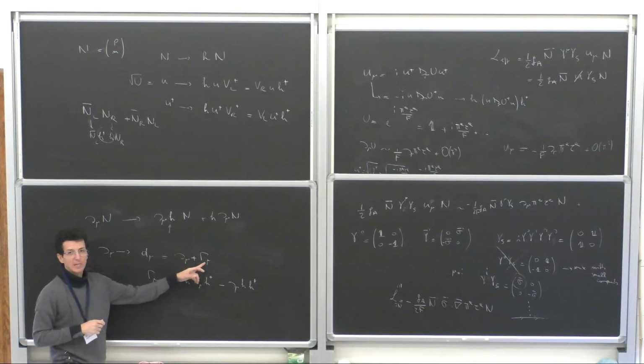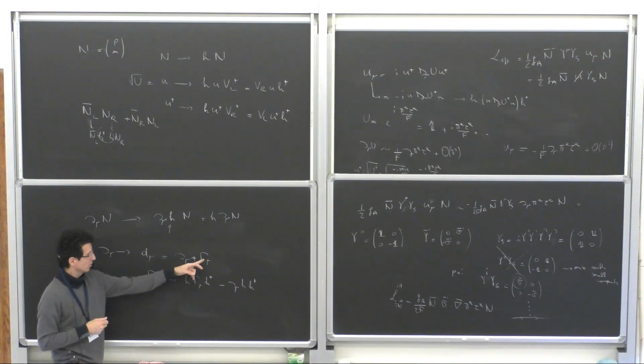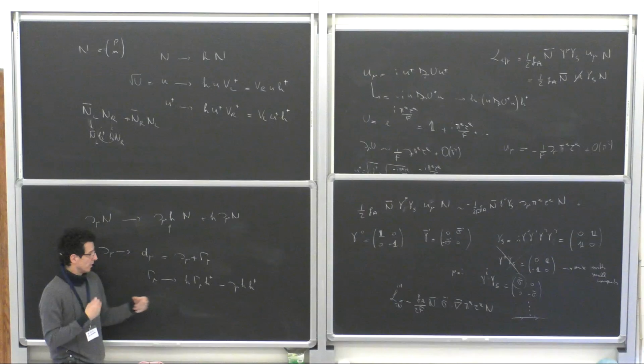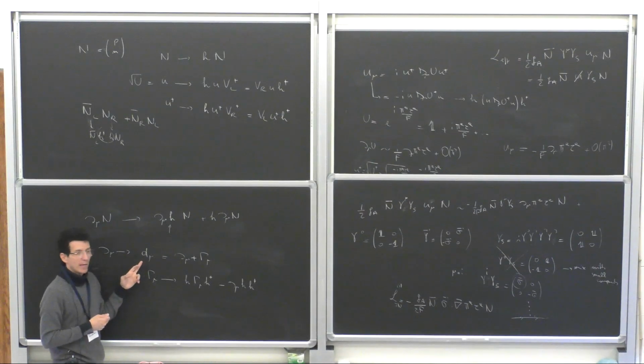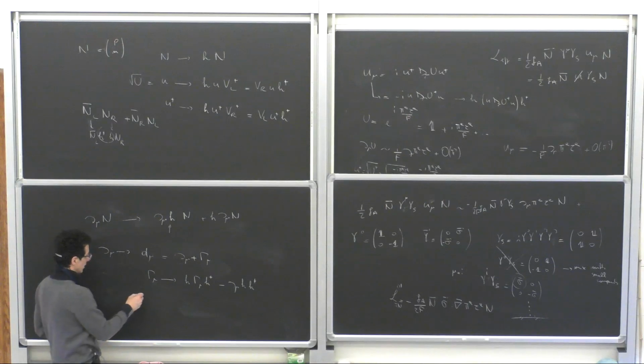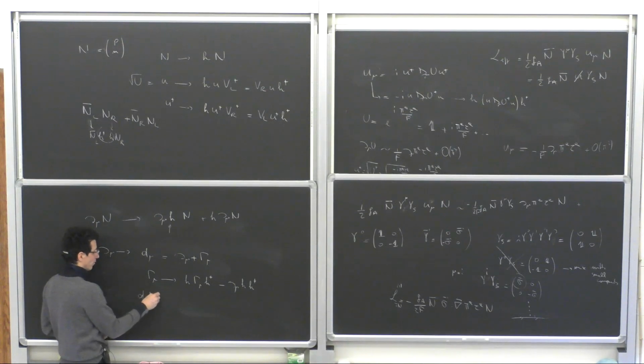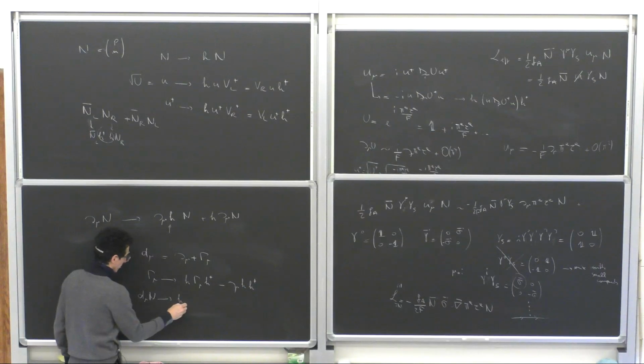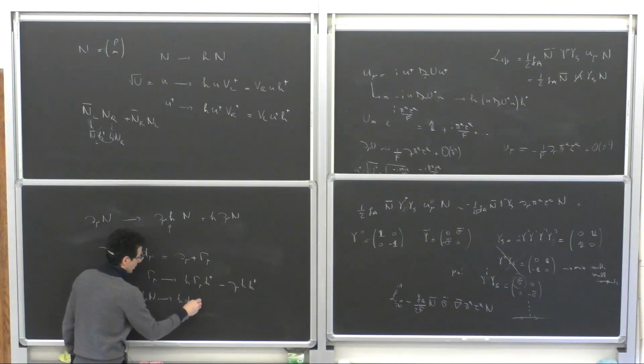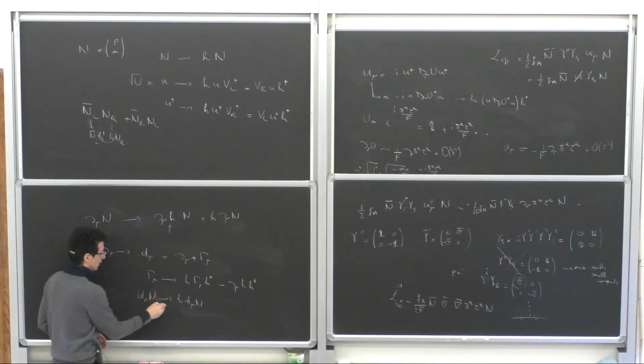So we have to add this connection, gamma mu, and build in this way a covariant derivative, d mu, for the nucleon fields, such that d mu of the nucleon fields under the chiral symmetry goes simply like H d mu.